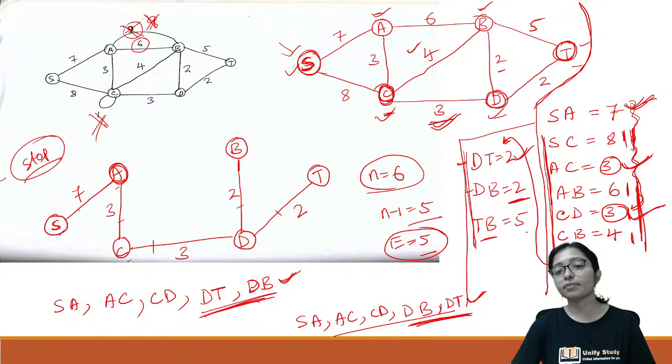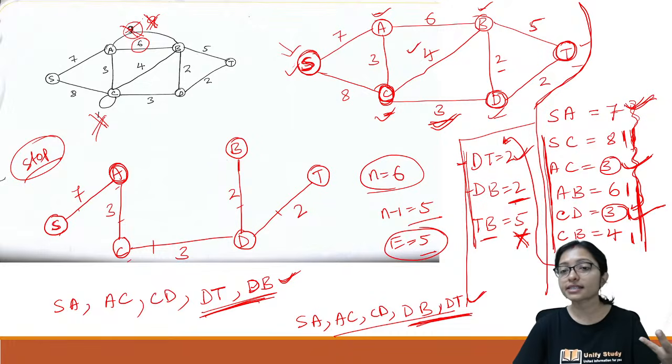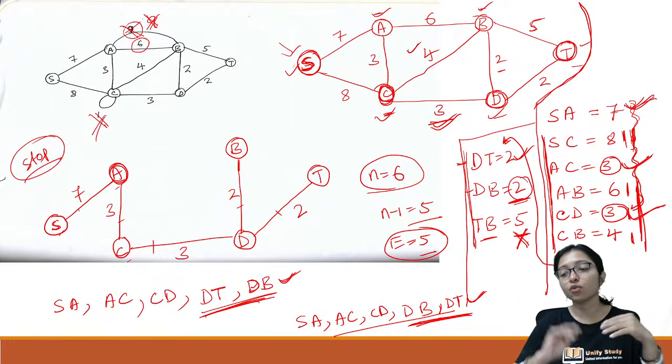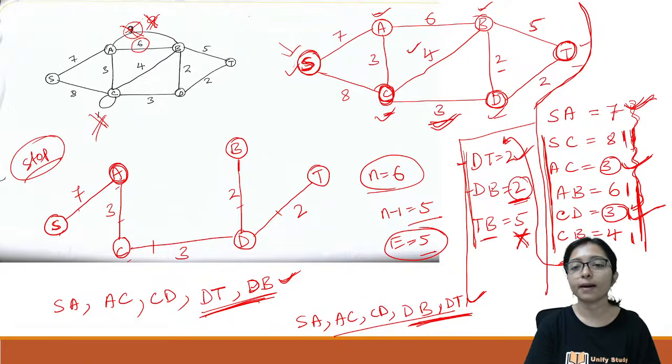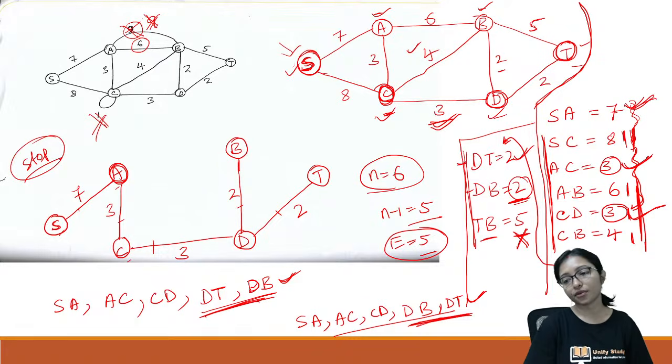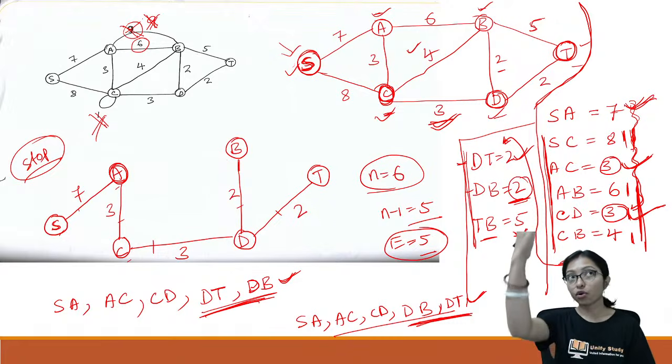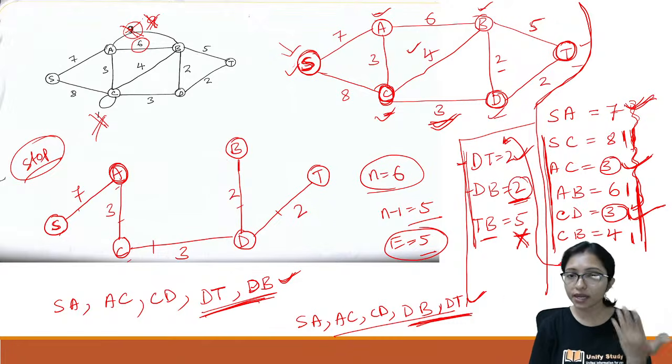I took TB, but TB is 5. That's why we will not take 5. In the previously available list, there was 2, which was more minimum. That's why we will take that one. Whenever you are choosing, you have to check out of all availability which one is minimum.